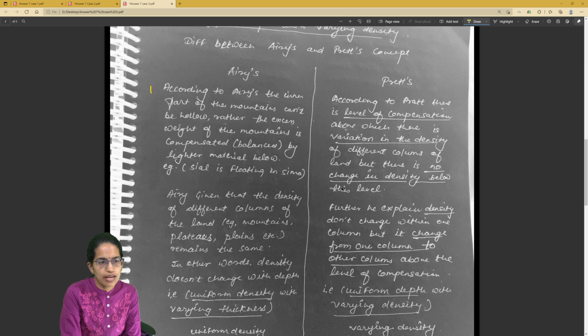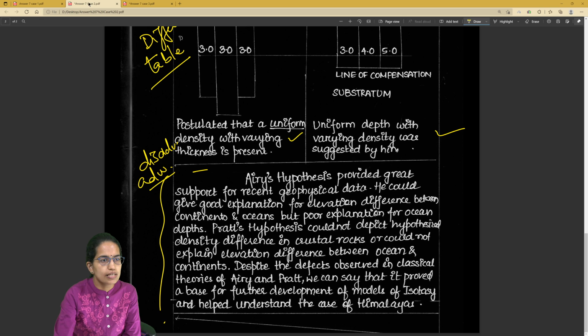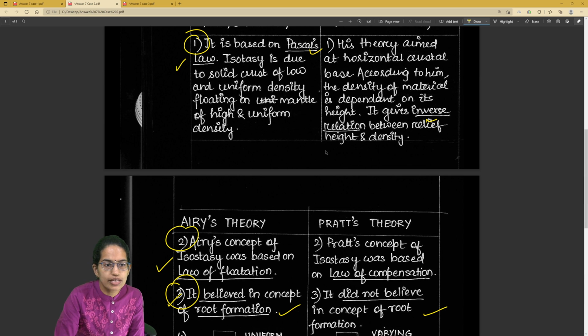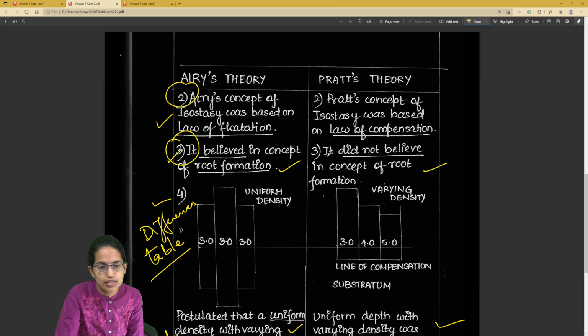Here we have not marked this is the first point, this is the second point, and the third point, but the other answer clearly marks the first point, the second point, the third point, and so on. So relatively this answer makes much more sense and gives a much clearer explanation as compared to the other answers.